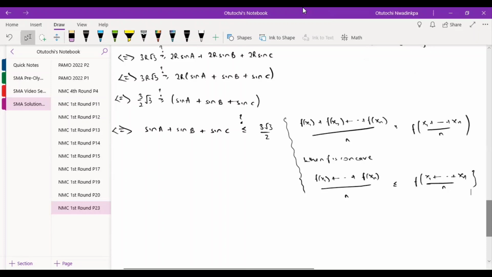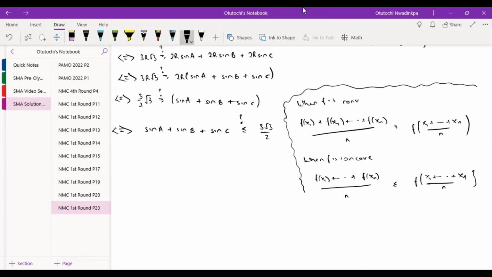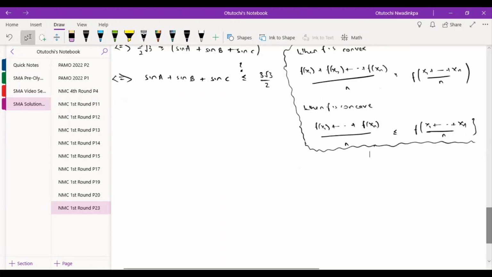Now this is not the Jensen inequality directly, but a corollary to the Jensen inequality. Let me just separate that. This is when f is convex, and this is when f is concave. And this is what we are going to be using to show this. So the sine function, sine x, is concave in the interval 0 to pi, which is 0 to 180 degrees, right?